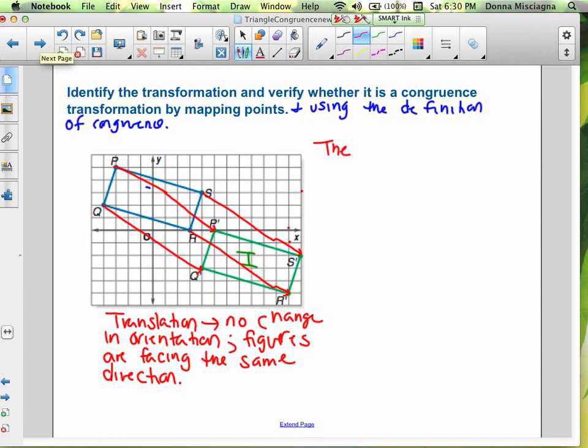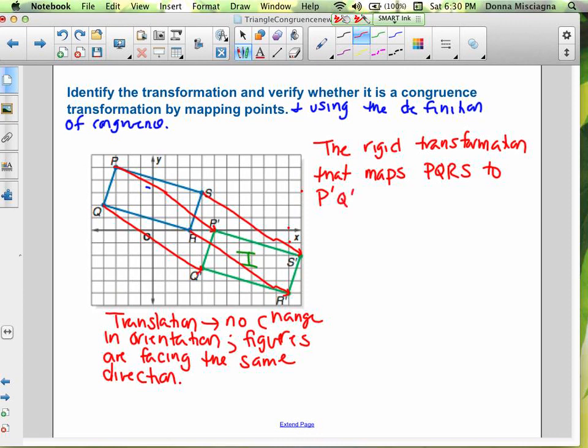Sometimes I like to use different ways to explain things so that you learn other vocabulary, other ways of saying things. You don't have to say everything the exact same way, but you have to have the key information. So the rigid transformation that maps P, Q, R, S to P prime, Q prime, R prime, S prime is a translation.